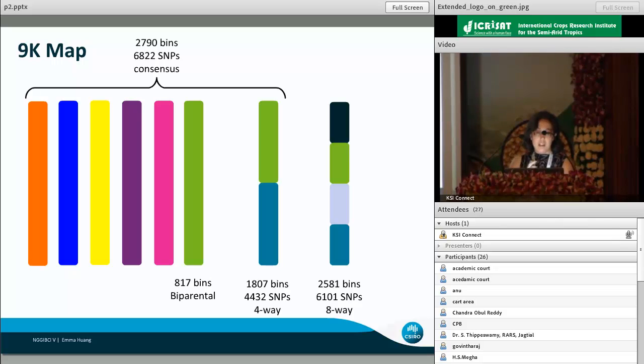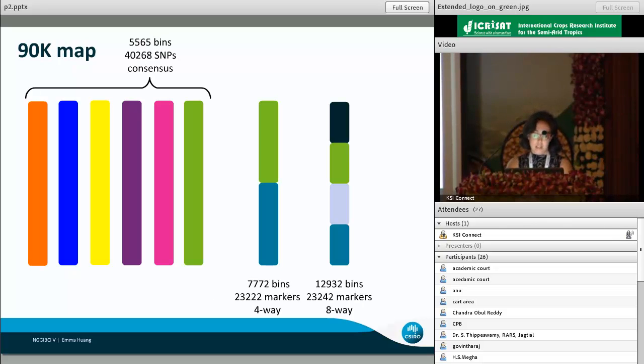Similarly, in the 90K map, there was a consensus map generated from 6 biparental populations, which mapped about 40,000 SNPs with about 5,500 bins. In the 4-way and 8-way populations, we didn't have as many SNPs called to begin with, but we mapped quite a large proportion of them in both cases and had very high resolution.